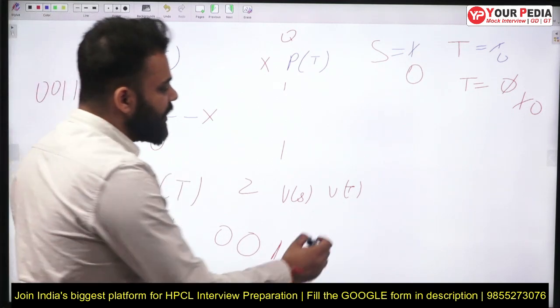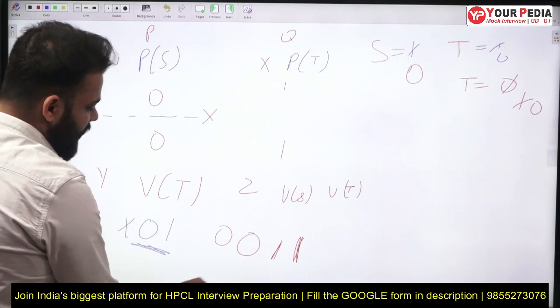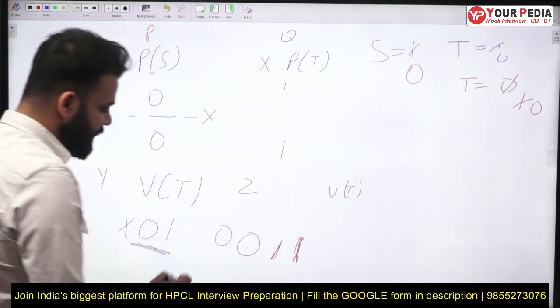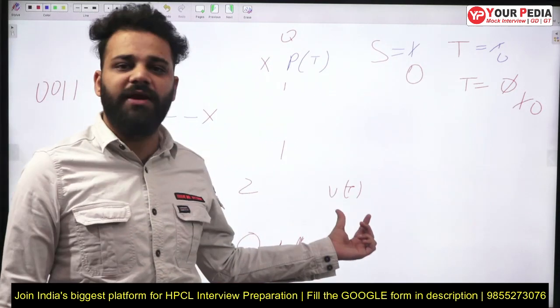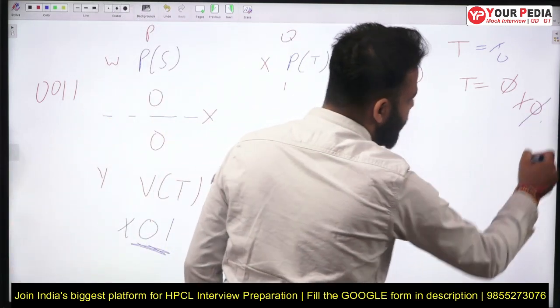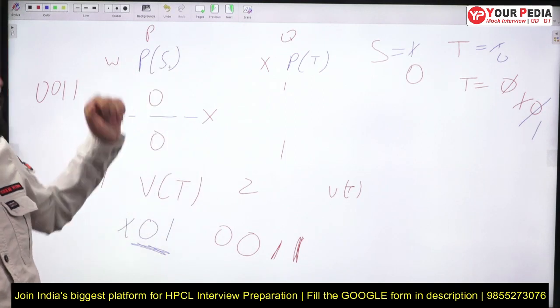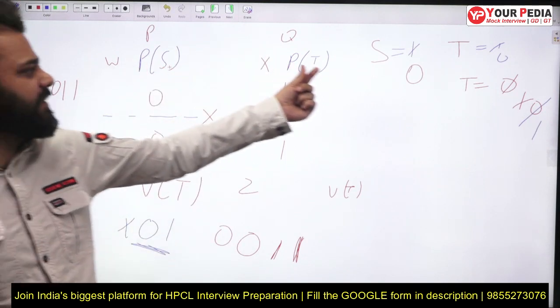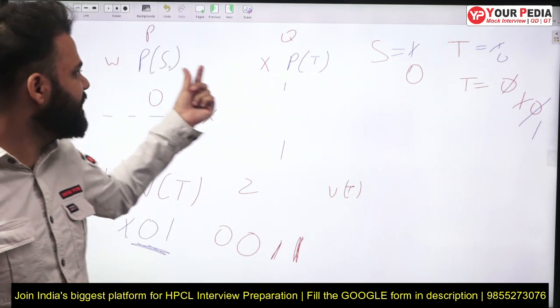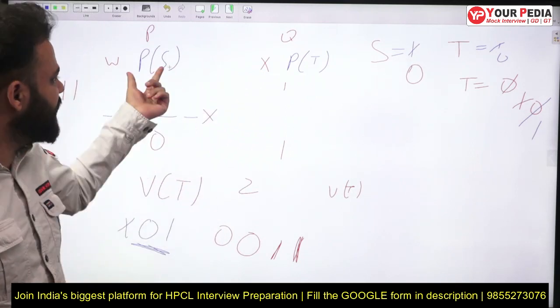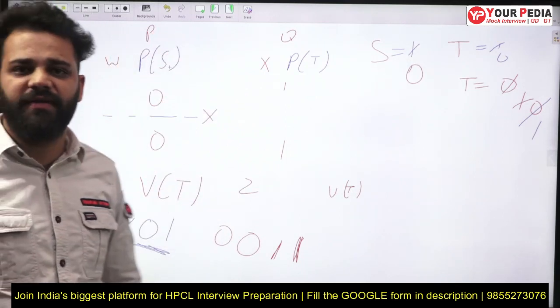Now let's try to put the up operation V of T. If you put the up operation V of T here, the value of T will be changed from 0 to 1. Now if you try to run both of these codes, P of S has S as 0, so it will be suspended and will not be able to move further.